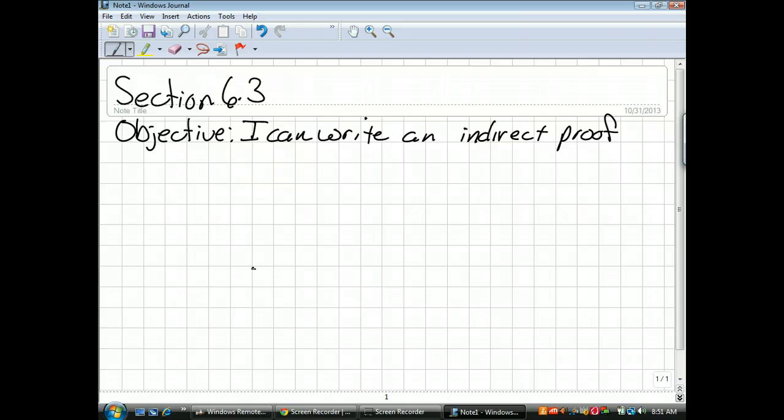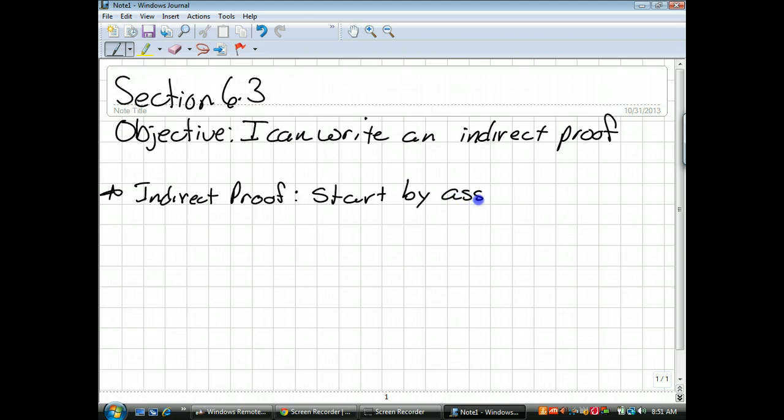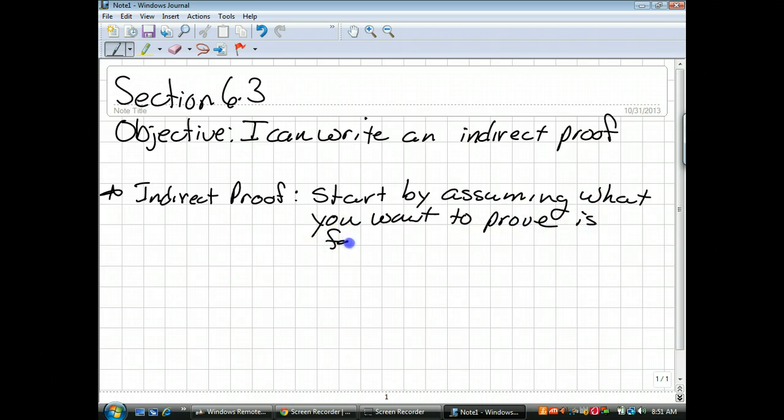Okay? And in an indirect proof, and this is the key, you start by assuming what you want to prove is false.